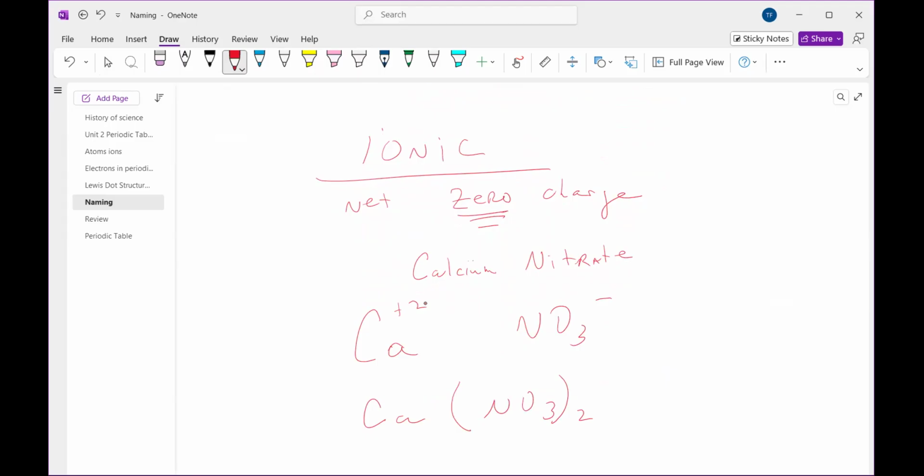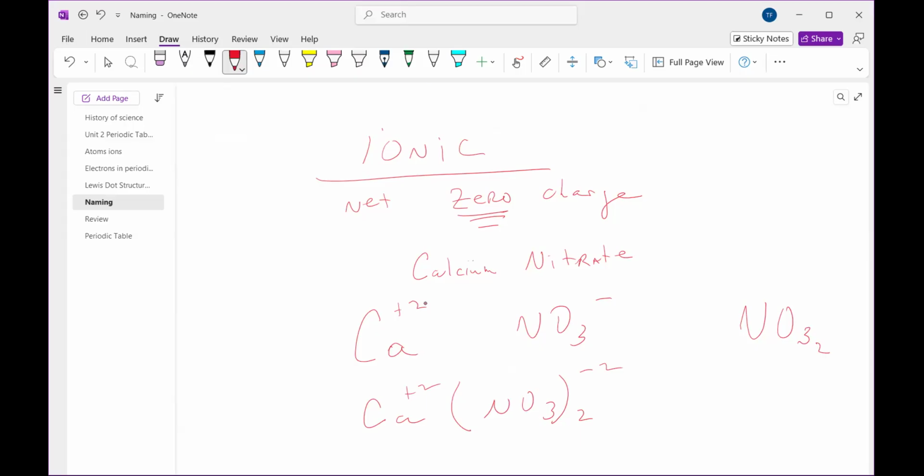If we didn't put parentheses around it, we'd end up with 6 oxygens. So we need parentheses. Think of groups, parentheses. All right. So we now have +2, -2. Net charge 0. No exceptions on ionic. It's got to be net charge 0.